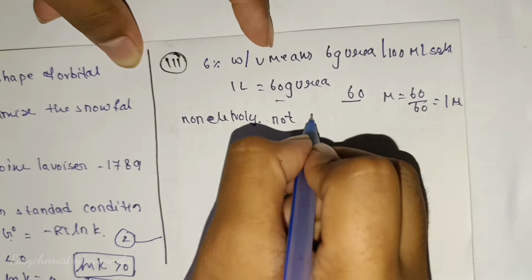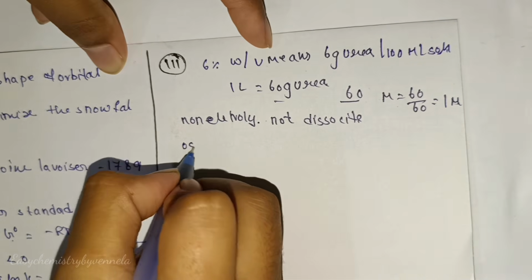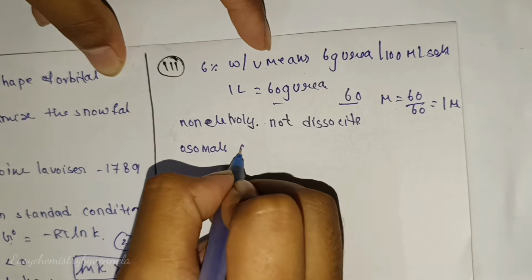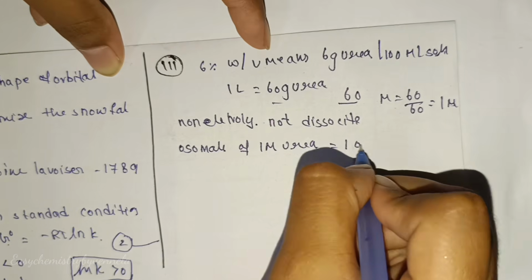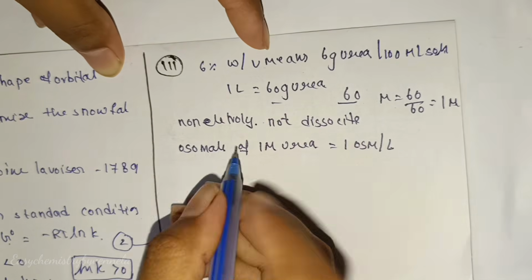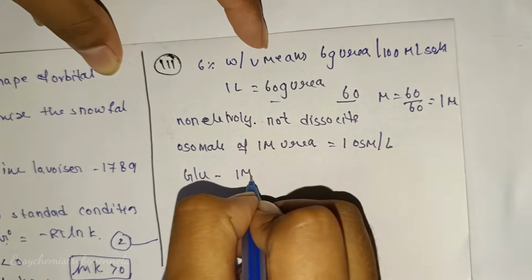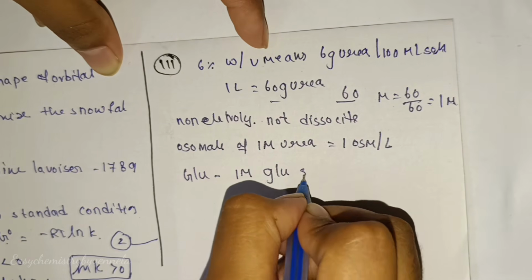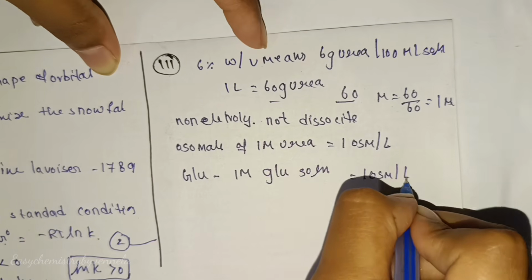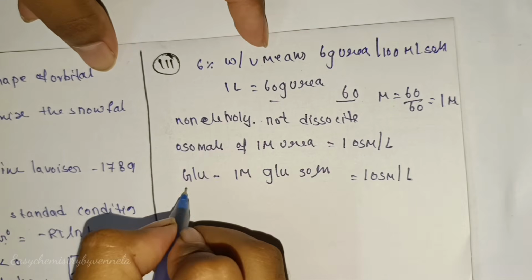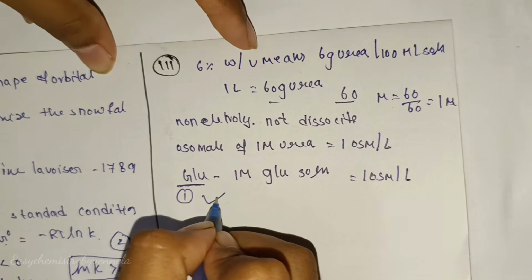It does not dissociate. So osmolarity of urea is equal to 1. Next, glucose is also a non-electrolyte, so 1 M glucose solution is equal to 1 osmolar per liter. So the correct option is the first one, that is glucose solution.